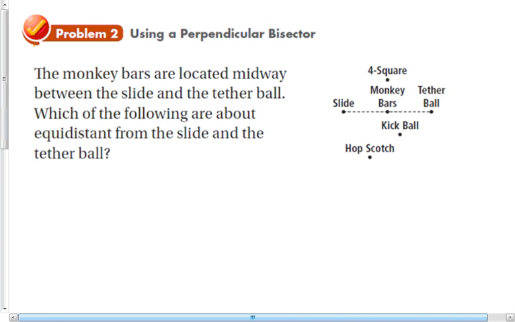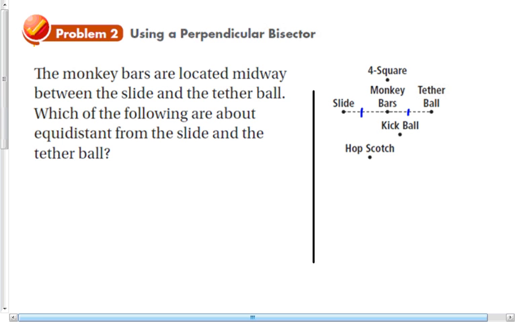All right, using the perpendicular bisector, the monkey bars are located midway between the slide and the tether ball. Let's just make a little notation there. Which of the following are about equidistant from the slide and the tether ball? Well, using the perpendicular bisector theorem, we know that anything that is on the perpendicular bisector would be equidistant.